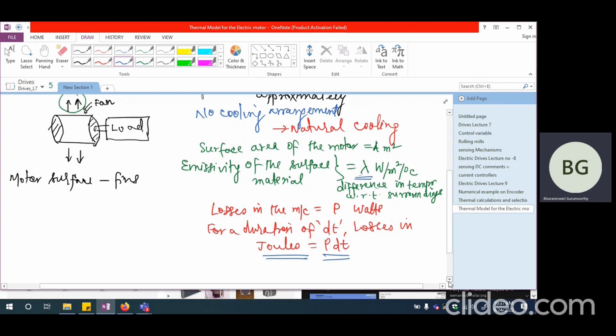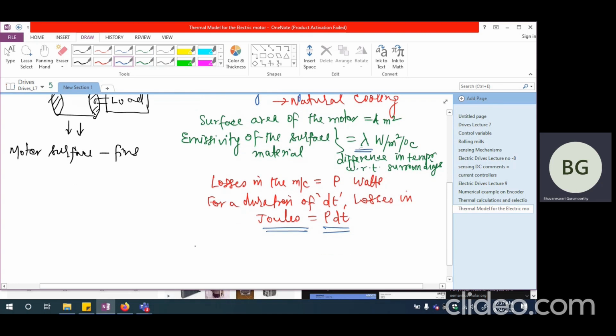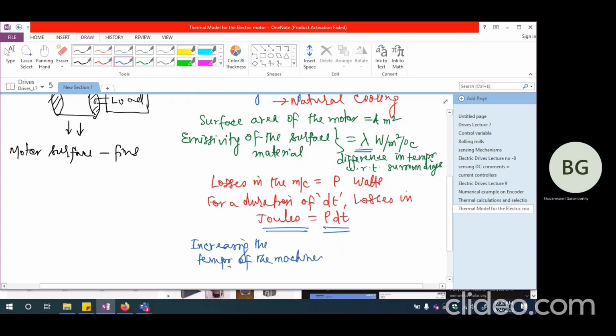And the second portion of this heat is going to go towards increasing the temperature of the machine's active parts. So what are participating really in working and also in delivering the power to the load. So those portions' temperature are going to increase.